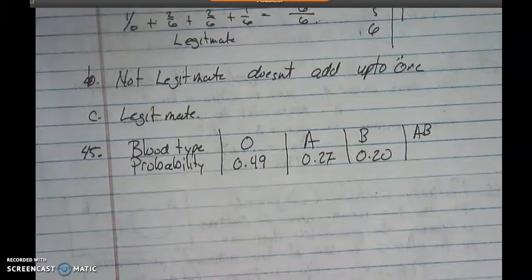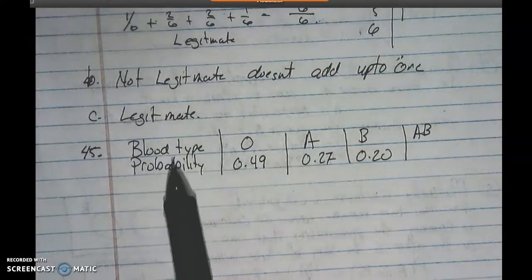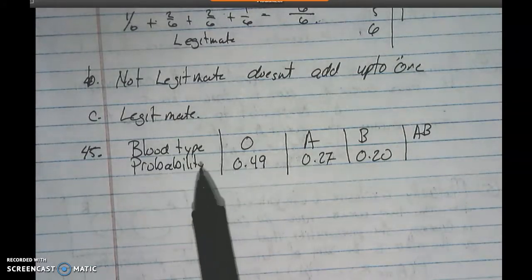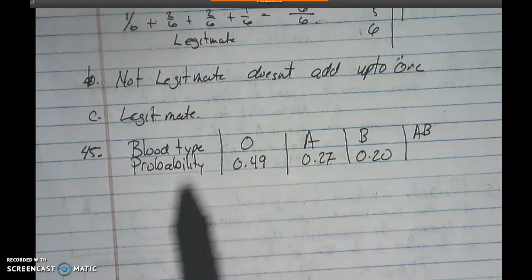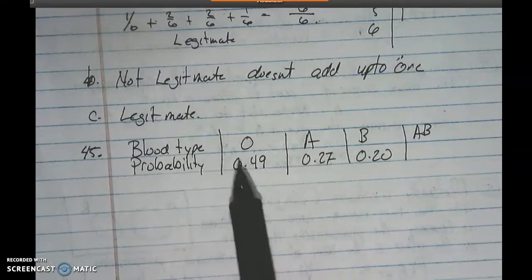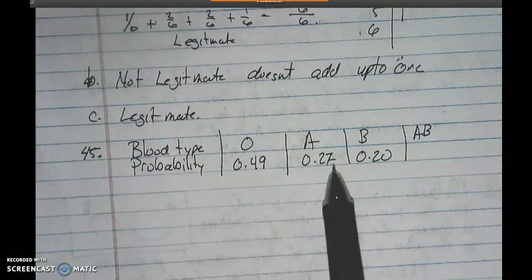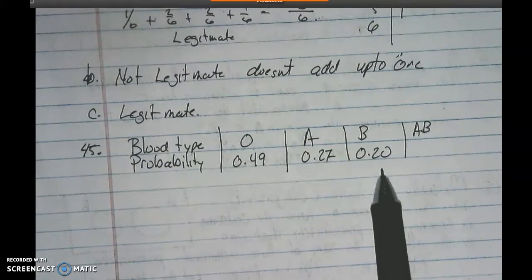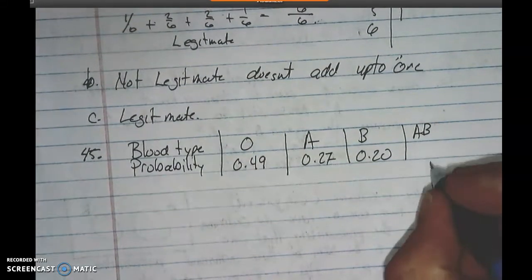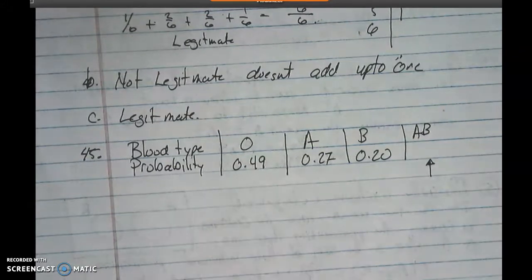So here's 45. Basically what we have is blood type from Black Americans, and they want to know the probability that they gave us. The probability of O is 0.49, the probability of A is 0.27, the probability of B is 0.20. The question is, how would you find that? What's that called? Complement rule.